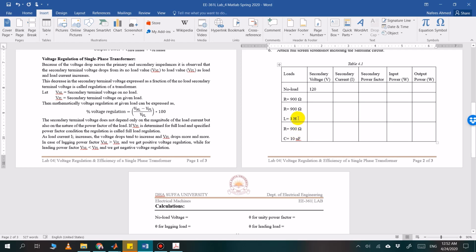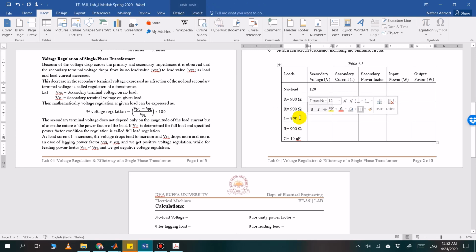RL load will have the most poor voltage regulation, and the voltage regulation in case of capacitive load can be negative. So do not worry if you get a negative value in this case.